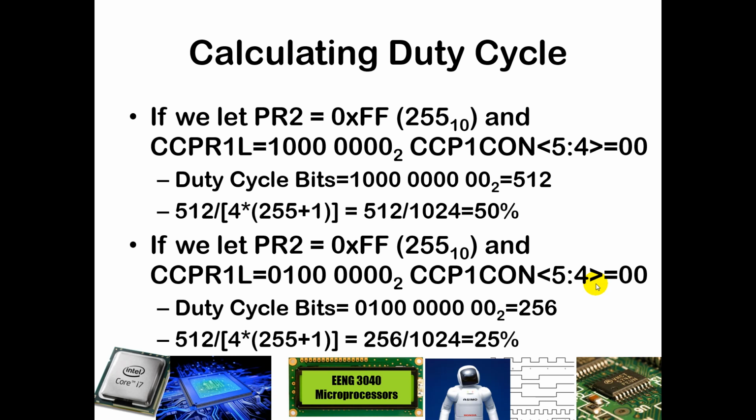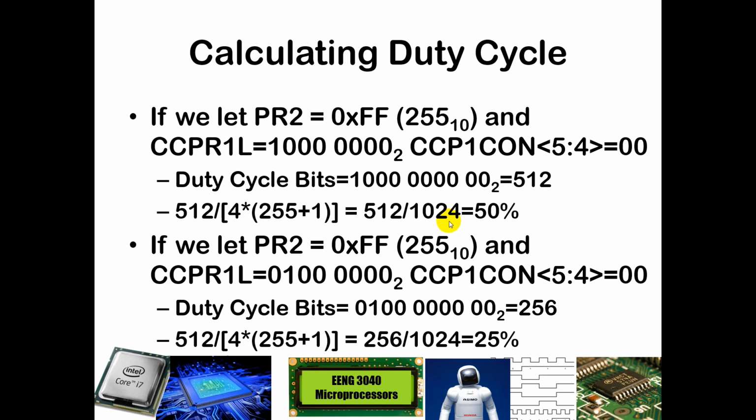Then if we take that 512 and divide it by 4 times PR2 plus 1, so this is our PR2 value of 255 plus 1, that works out to 512 divided by 4 times 256, which is 512 divided by 1024. If we express that ratio as a percentage, that gives us a 50% duty cycle.